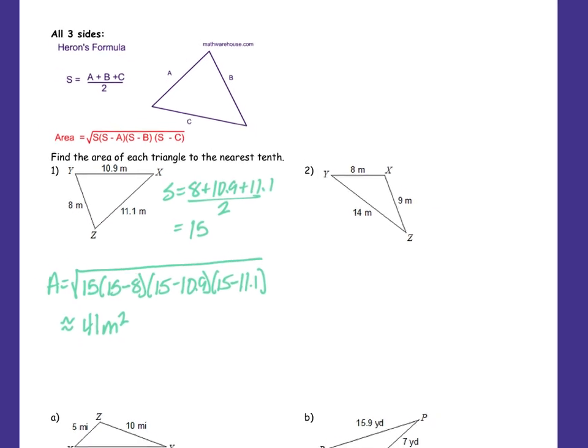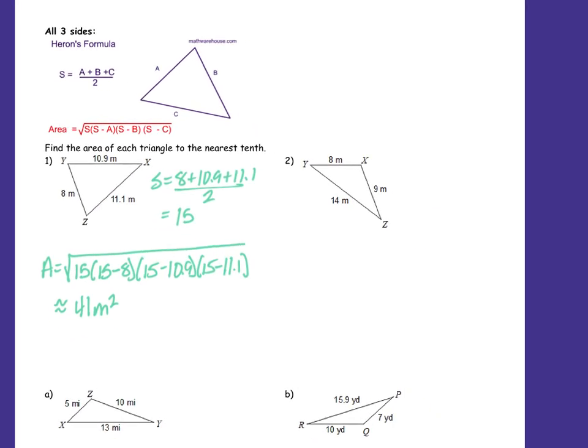Okay, so let's go ahead and do the second one. We're going to do the same thing. I need to find S. So S is going to equal 8 plus 9 plus 14 divided by 2. And this time I'm going to get a decimal. It's okay if it's going to be a half. Sometimes that happens. 8 plus 9 plus 14, divided by 2, is 15.5.